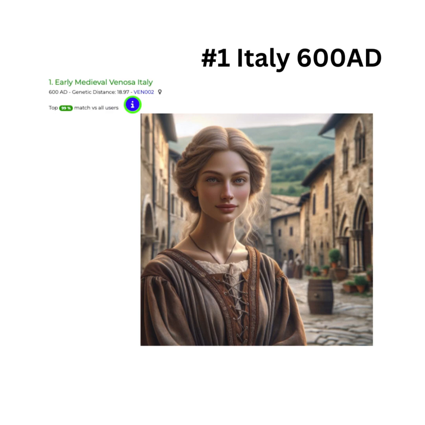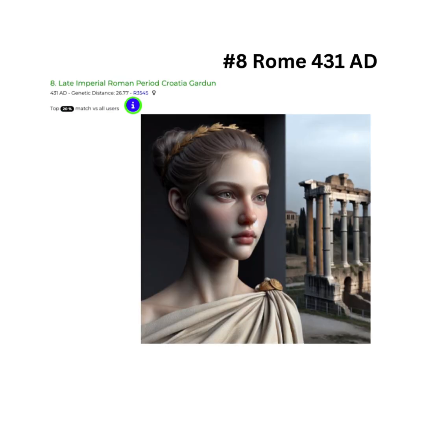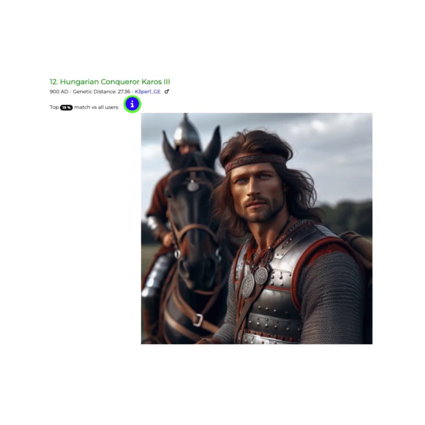And if you click on the info button, it'll give you all kinds of details. So they know, like from the study, if it's a man or a woman. Here is my number 8 match from Rome, 431 AD. Hungarian conqueror, Carlos III. These are all AI generated art that they have.